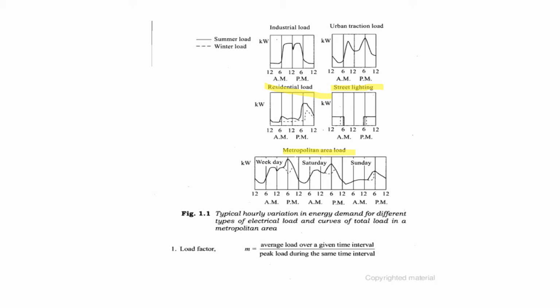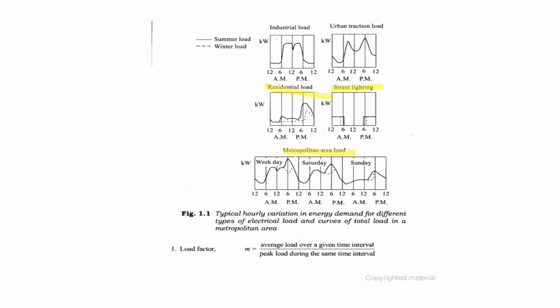Whereas in the morning, it is constant 12 to 6, and 6 to 12 is for street lighting. And the weekdays, if you look at the graph, go like this, and it is different for Saturday and Sunday. So the graph shows hourly variation in energy demand for different types of electrical load and curves of total load in the metropolitan area.